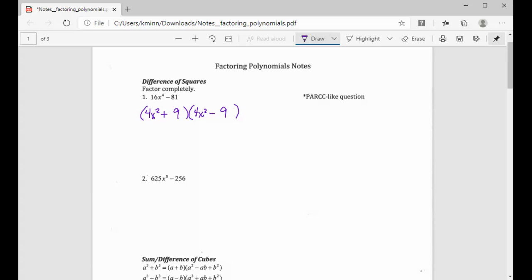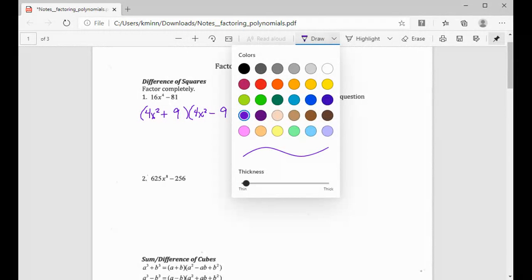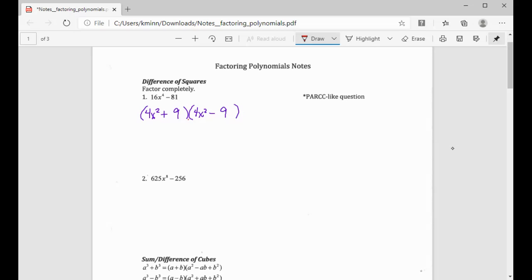Once we've done this for 16x to the fourth minus 81, you see that our result will end up giving us another term, 4x squared minus 9, which is a second difference of squares.